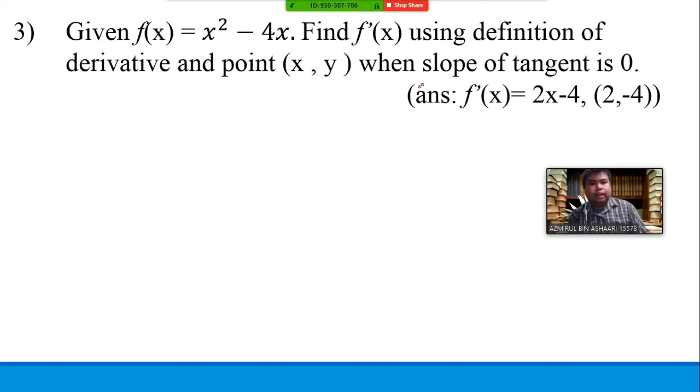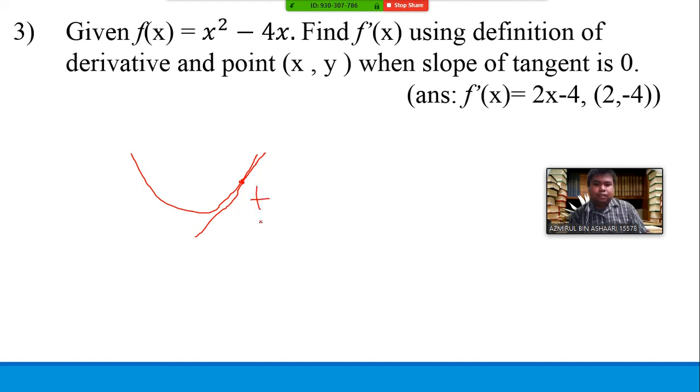What does it mean that the slope of the tangent is 0? If you have a graph, let's say like this one, if your tangent line at this point, so your graph of tangent becomes like this one, right? The straight one. You have learned the linear graph, so this is positive, right?